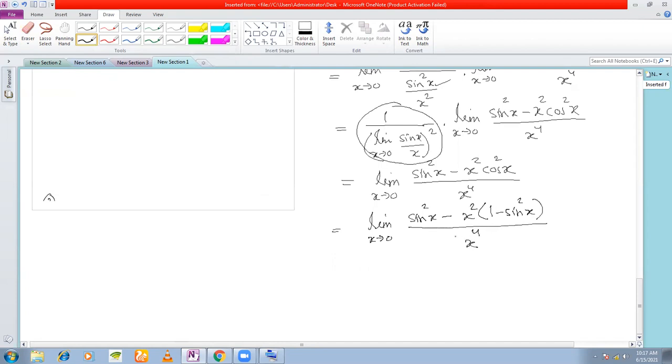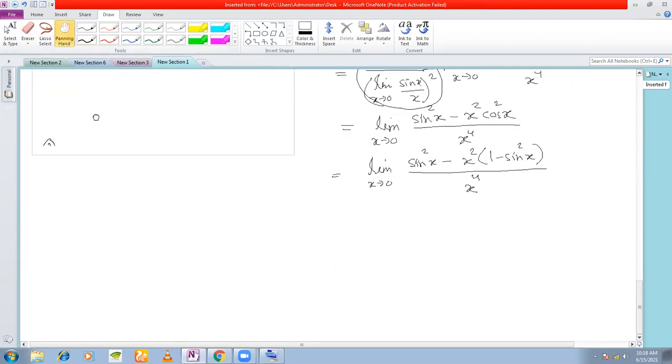What is the derivative of sine square x? Can you tell me what is the derivative of sine square x? Yes, anyone?